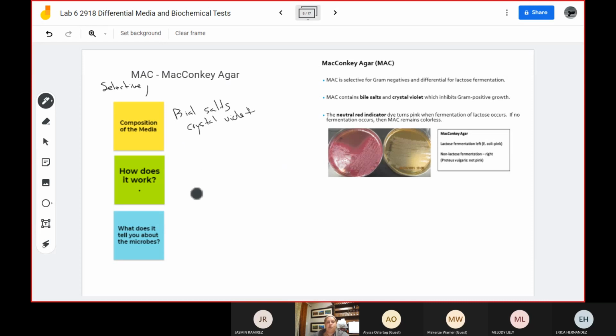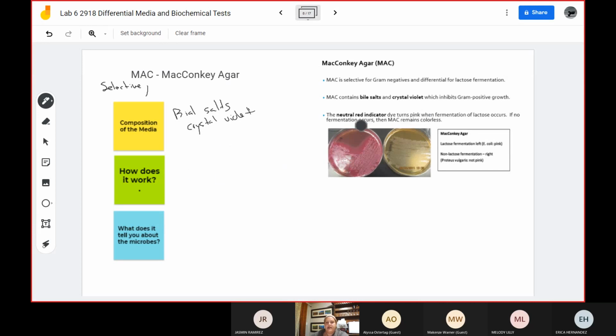Therefore, if you were asked a question, what does a gram-positive bacteria look like on a MacConkey agar plate, it would not look like anything because it wouldn't be growing. It would be a blank plate. Because of the bile salts and crystal violet, you should only get gram-negative growth on a MacConkey agar plate.